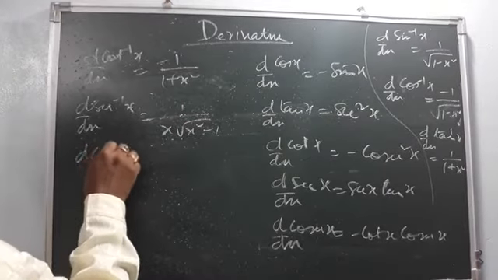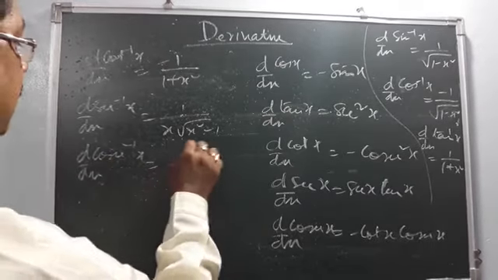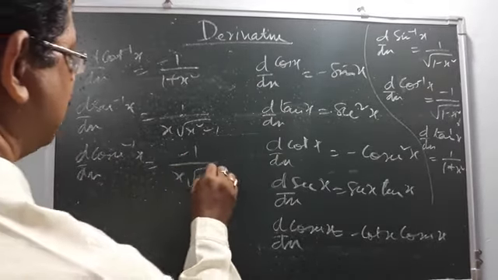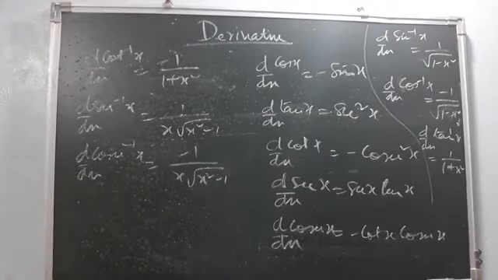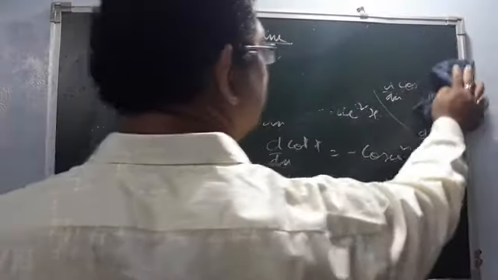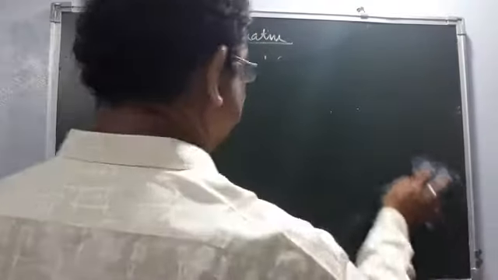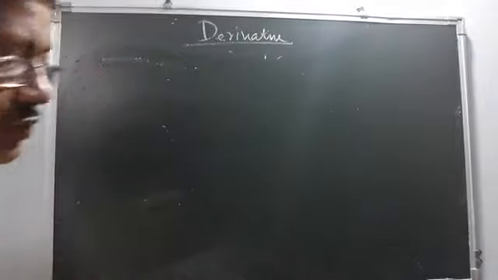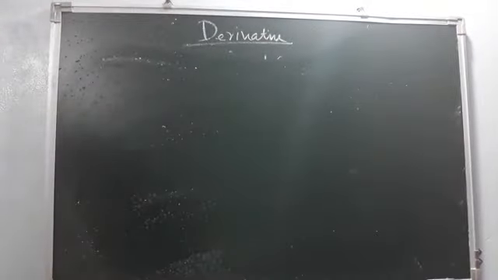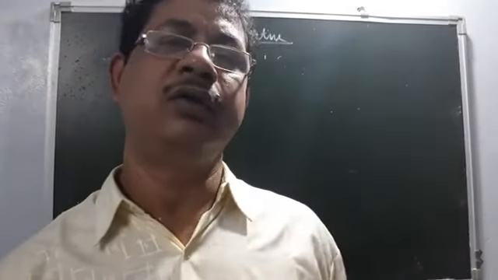And differentiation of cosec inverse x with respect to x is minus 1 by x root over x square minus 1. All these formulas you have already done. Other things you have to remember, some addition formula, some product formula, that is the Leibniz formula, that also you have to learn.